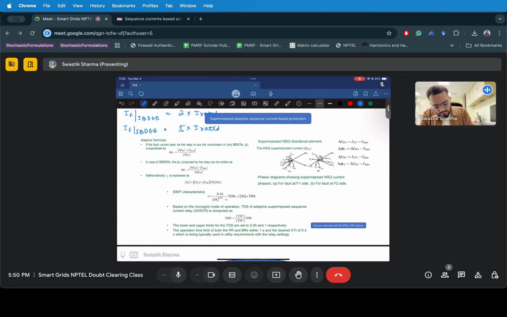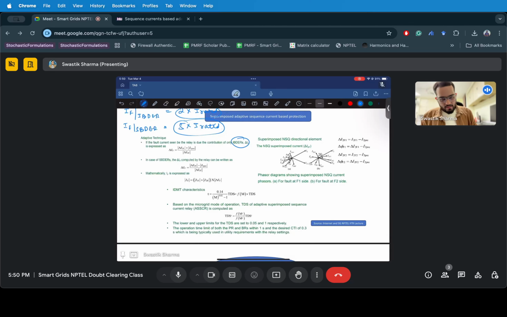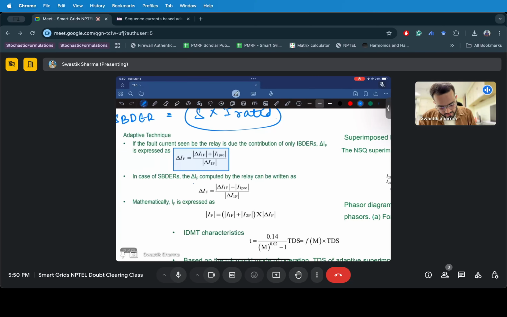Since SBDR contributes more than your inverter-based DR, you need to make sure the contribution is similar. So for an IBDR, when you calculate the fault current delta IF, you add your pre-fault current magnitude to it. Why do we do that? It is to increase its contribution because it is less, only 2 times the rated current. And in the case of SBDR, you subtract it so that you decrease its contribution, so that both of them come onto the same footing, right?